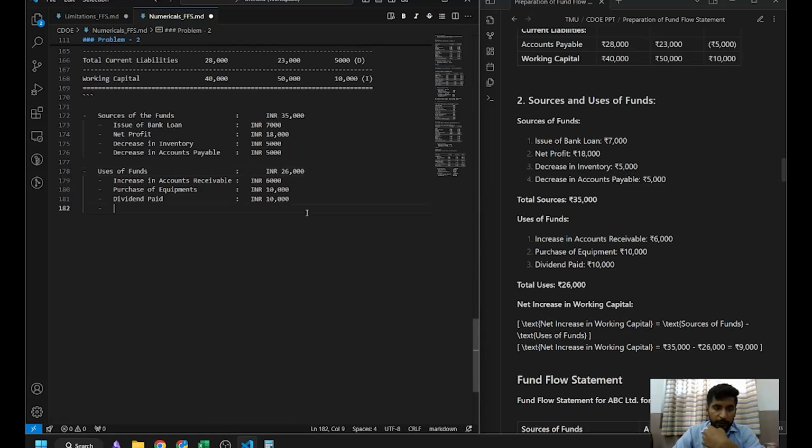Now with this I am able to calculate the net increase or decrease in working capital.